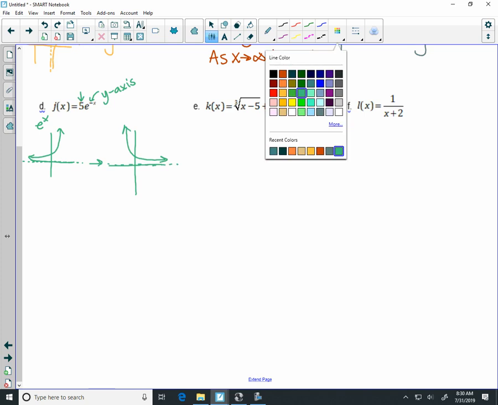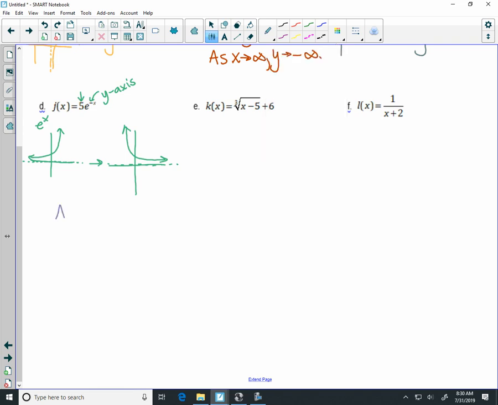So let's look at our end behavior now that we have this sketch. As x approaches negative infinity, y is going up. Y approaches infinity.